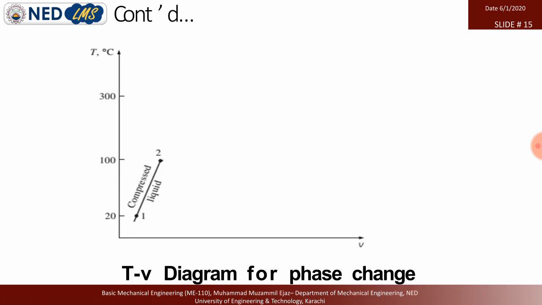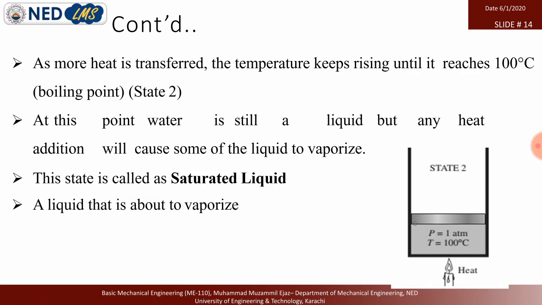So by plotting these values in the temperature versus volume graph, we see that the volume will increase. In the last class I told you that this piston moves from state 1 to state 2 by increasing its volume, that is delta V. That is a change of volume going from 20 degrees to 100 degrees centigrade by keeping the pressure constant at one atmospheric pressure.